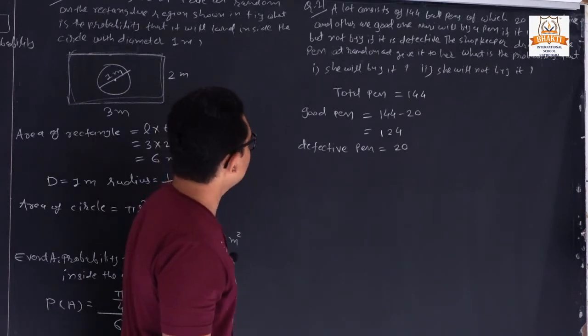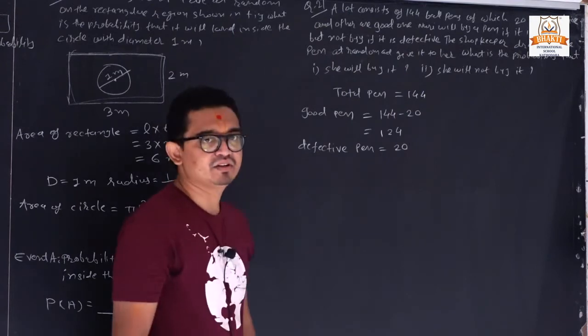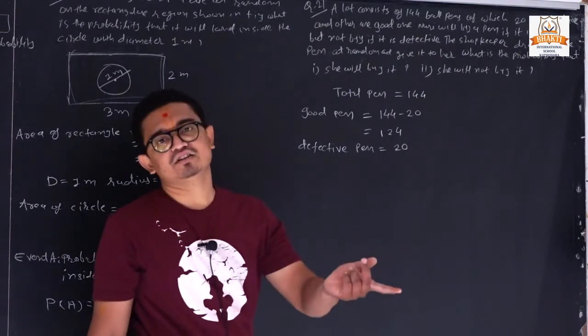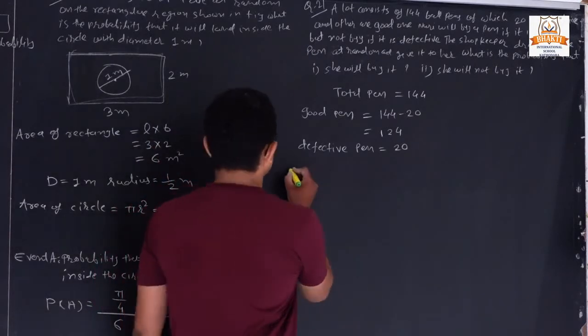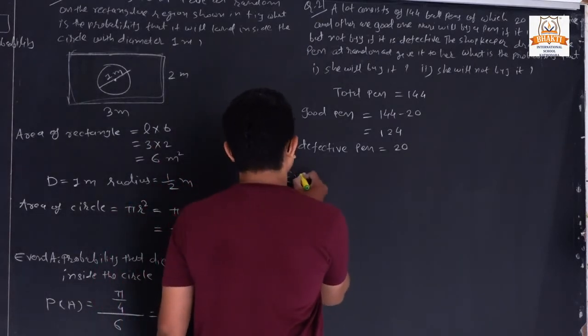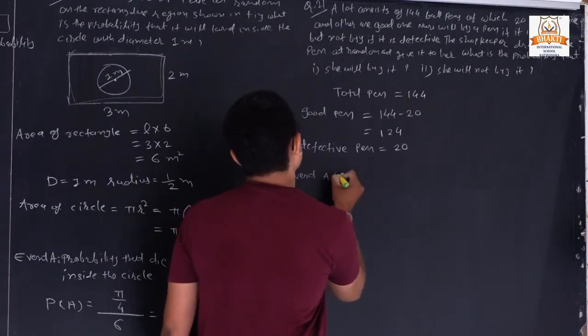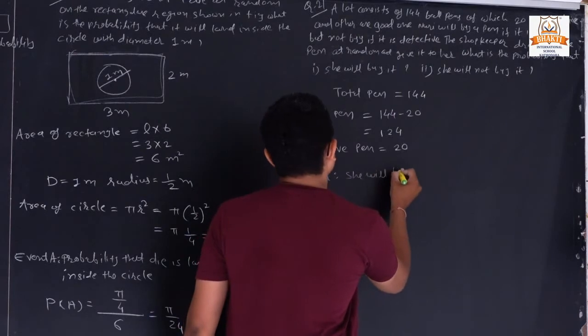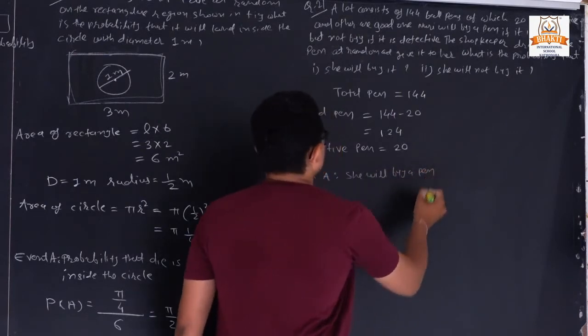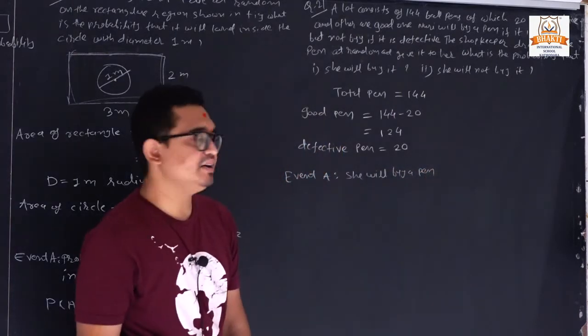So what is the probability she will buy it? First, event A: she will buy a pen. Nuri will buy the pen if it is good.